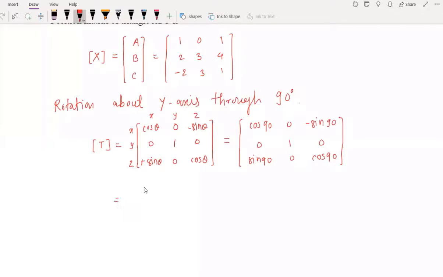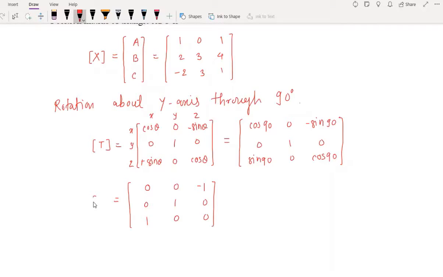Take it using a calculator, or directly also you can tell the value of cos 90. Cos 90 is equal to 0, and sin 90 is equal to 1. So that becomes 0, minus 1, then 0 1 0, 1, 0, and 0.